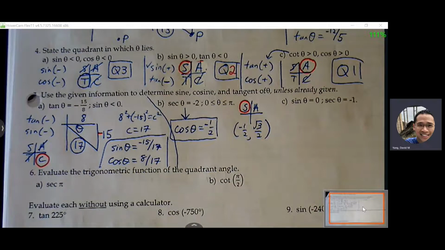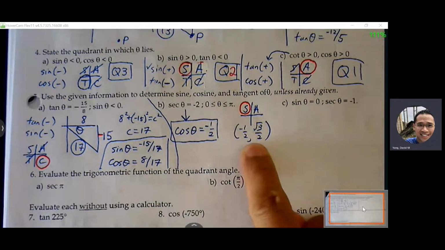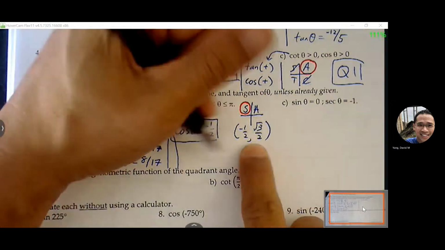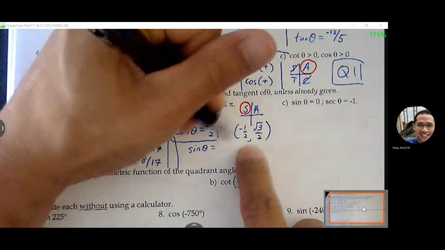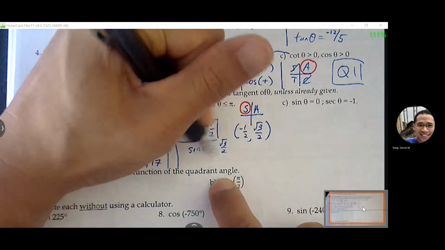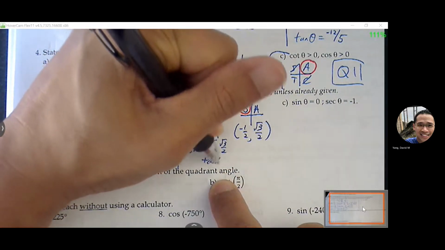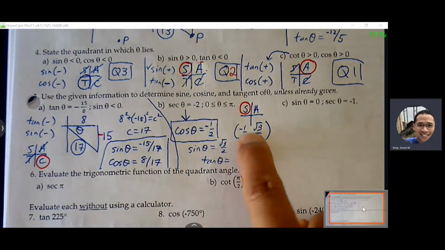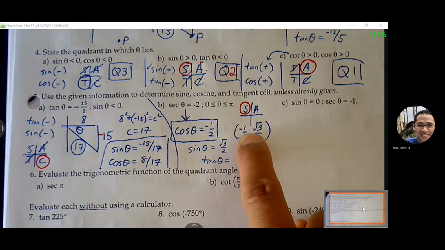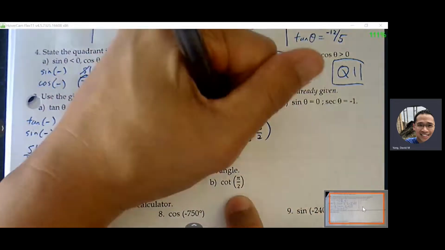And then we can find sine and tangent from that ordered pair in the second quadrant. Tangent is just y over x, cover up the 2, and do √3 over -1.